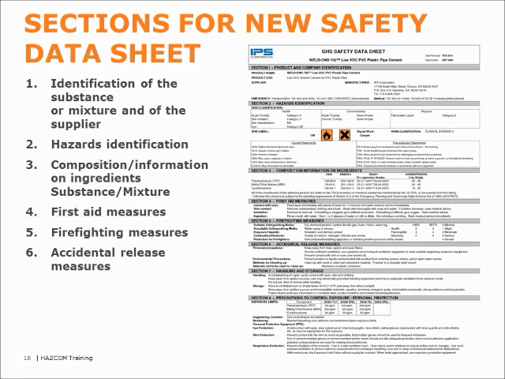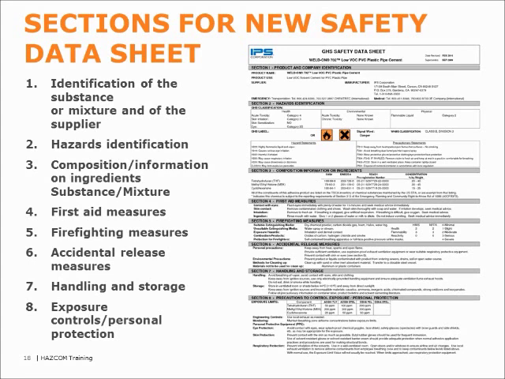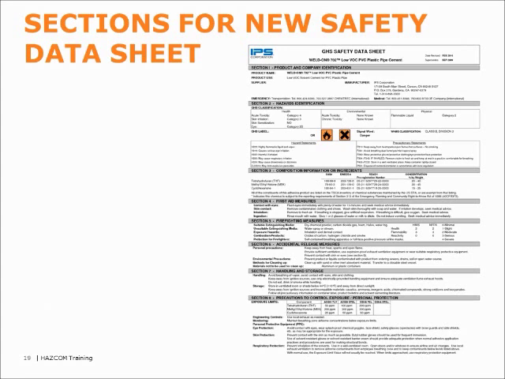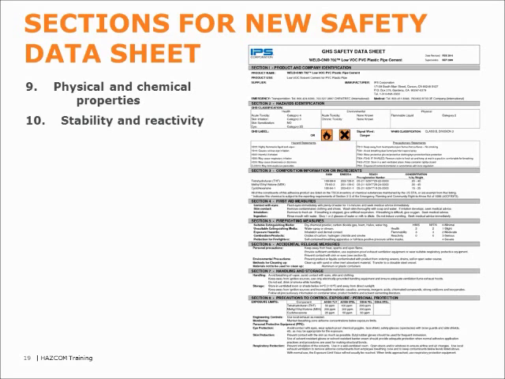Section 6 is the accidental release measures. Section 7 is handling and storage. And Section 8 is exposure controls and personal protective equipment. This is important because it tells us what type of personal protective equipment we would need to use for this chemical. Section 9 is physical and chemical properties. Section 10 is stability and reactivity.